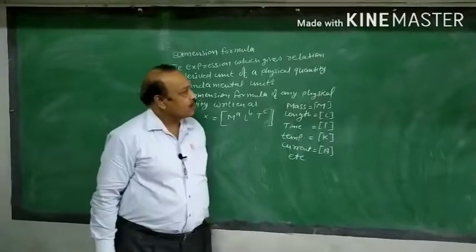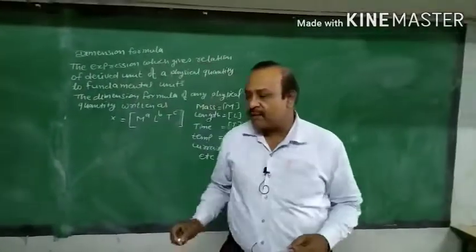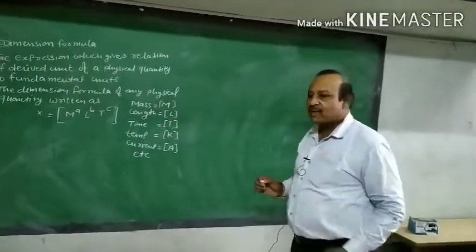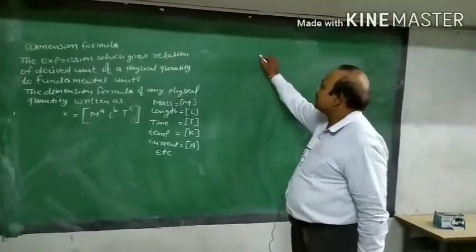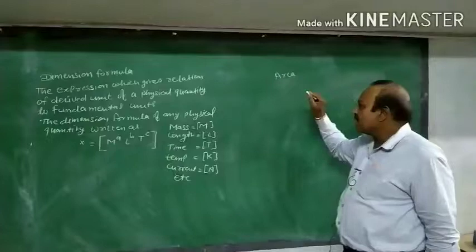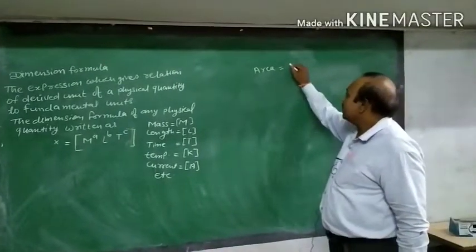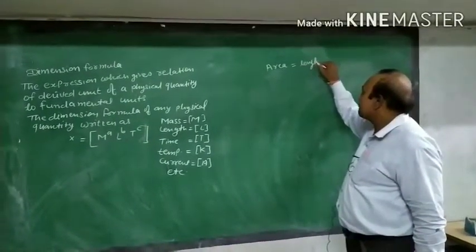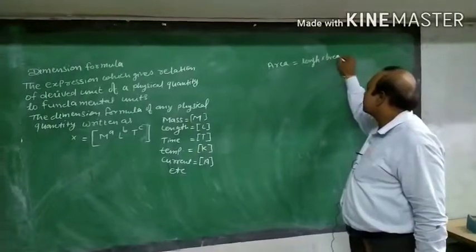Now we find out the dimension formula of some physical quantities, for example area. How do we find area? Area means, you know, it is length into breadth.